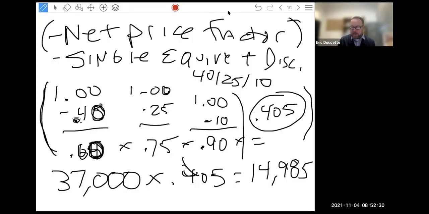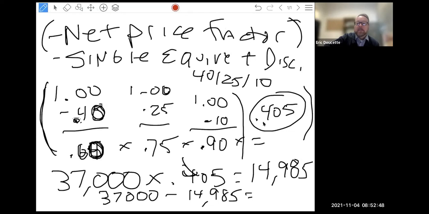Now, if I want to find out what is my discount amount? In other words, this is my net price, but how much of a discount did I actually get? The easy way to do it is just to take the 37,000 and minus the 14,985, and my total will come out to be $22,015.